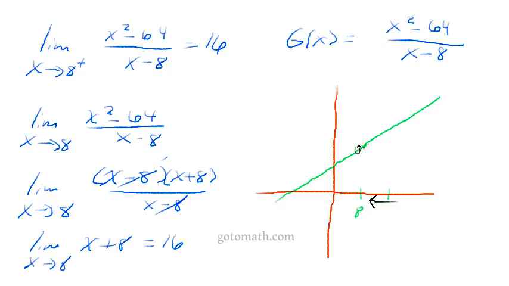Well, it's approaching this missing point, which happens to be at 16. And if we come in from the left hand side, what's our y value approaching? It's also approaching 16. So coming in from the left hand side, it's equal to some L, which is 16, and coming in from the right hand side, it's also equal to some L, and we'll call that L 16.